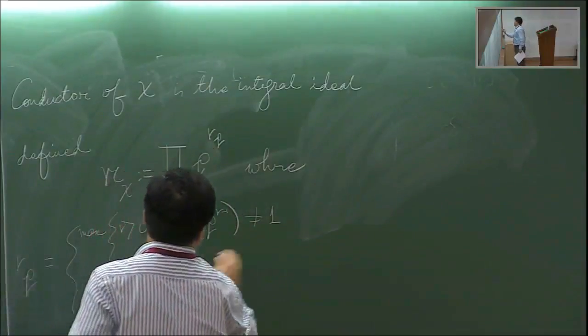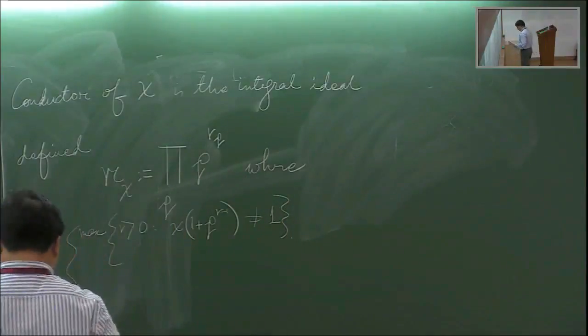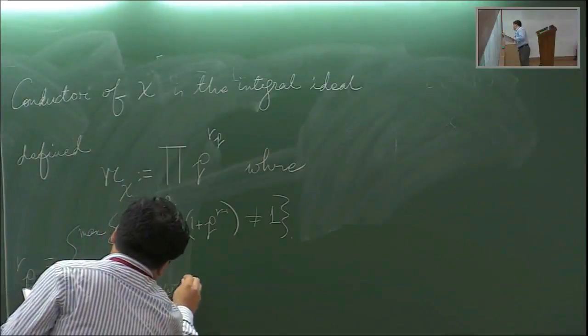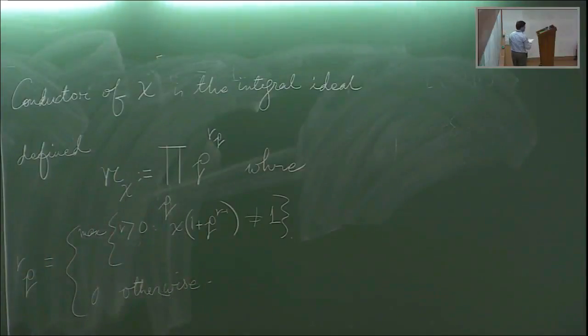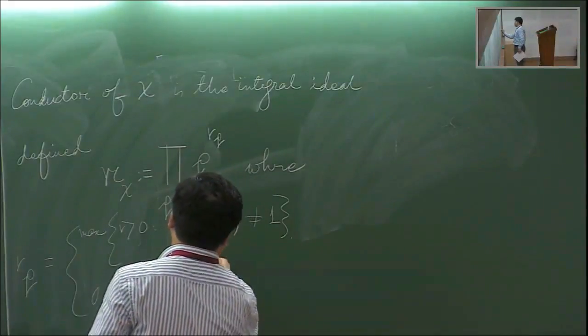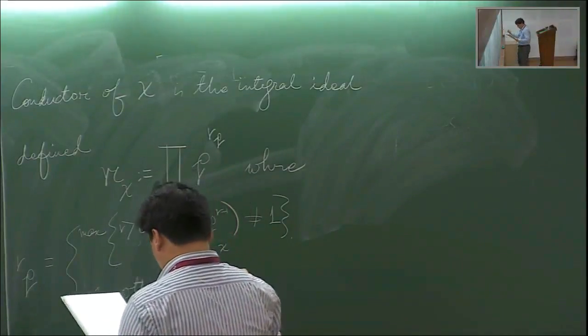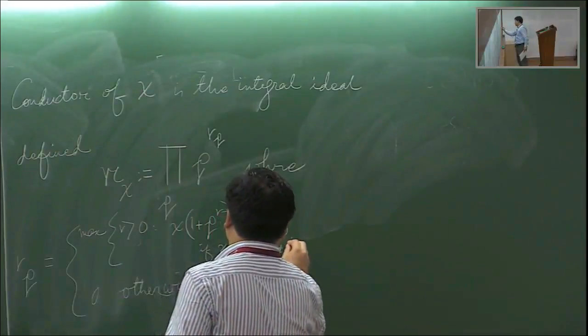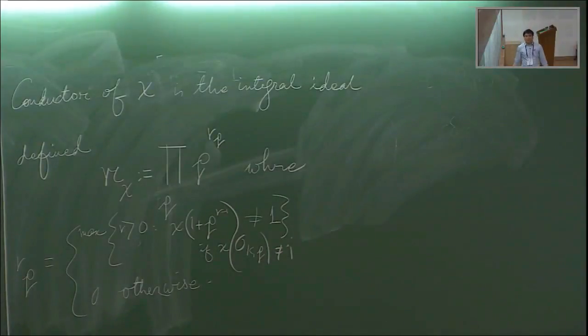It's not equal to 1, and 0 otherwise. This is if chi of OKP is not equal to 1. Okay, so this is what an algebraic Hecke character is.